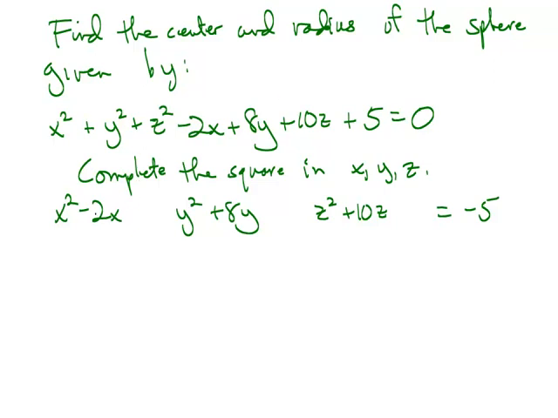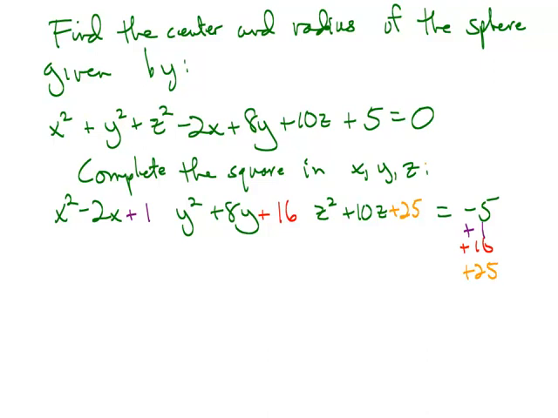So 2 divided by 2 is 1. 1 squared is 1. You can take -2 divided, because you're squaring it, it's going to be positive either way. 8 divided by 2 is 4. 4 squared is 16. And 10 divided by 2 is 5. 5 squared is 25. Now remember, I have to add those things to the right side of my equation as well. So I have to add 1, 16, and 25. We've got to keep everything balanced.